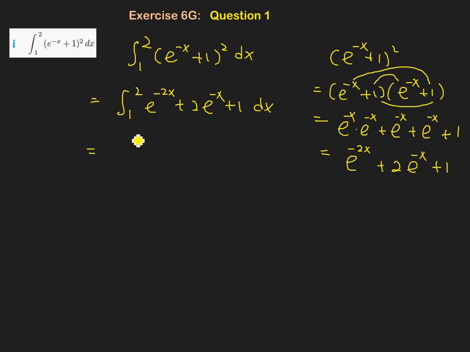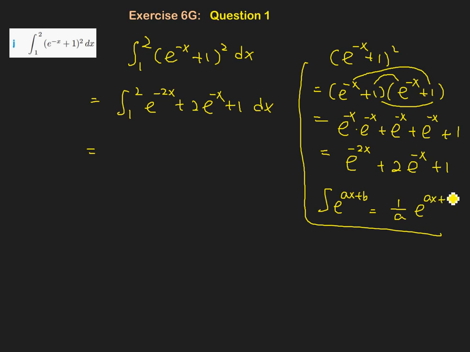And you can then now just integrate them according to the table given. You integrate e to the power of ax plus b. You get 1 over a e of ax plus b. This will be plus c, but in this case it would not apply here.